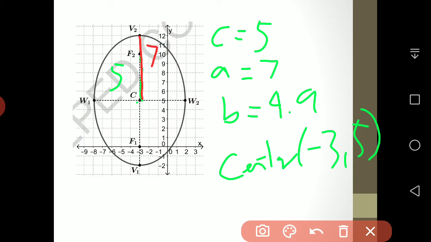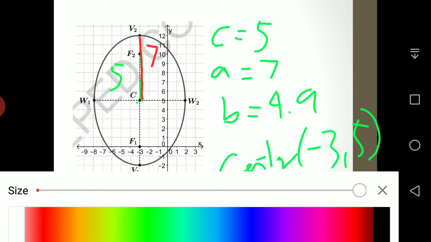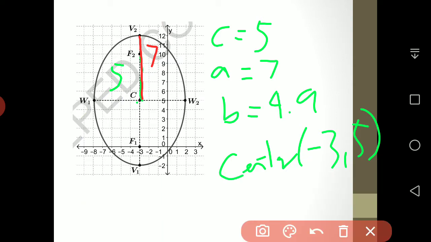And from our center towards one of our co-vertices, that's 4.9. So you are able to graph the ellipse.